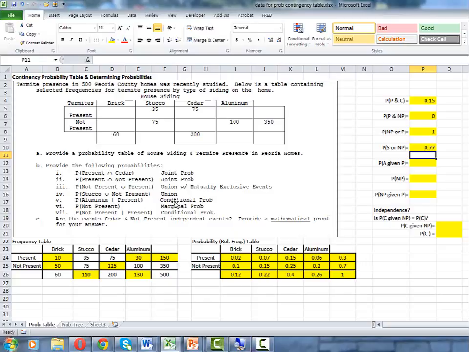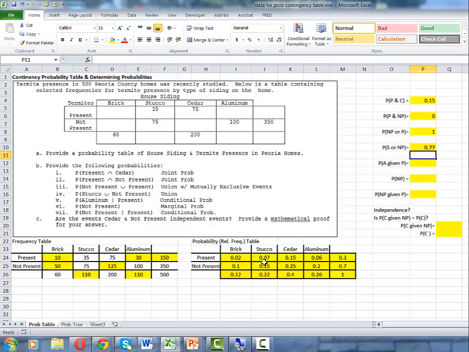Now conditional probability. This says, what if I know that the home that's picked at random has termites present? If somebody has told me that, what's the likelihood that it's a home that has aluminum siding?